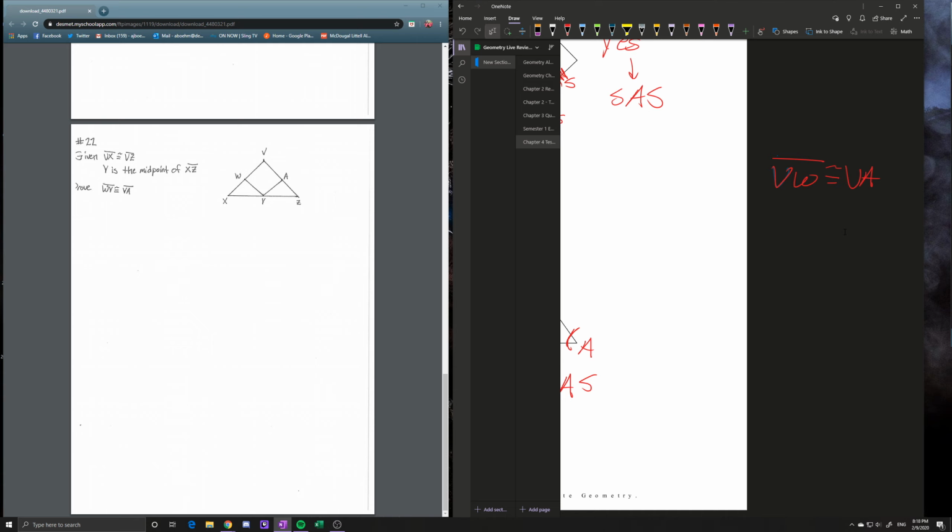You know it's isosceles because we know that VX, so that left-hand side of the bigger triangle, is congruent to VZ. Which, because it's isosceles, also means something about the base angles as well.